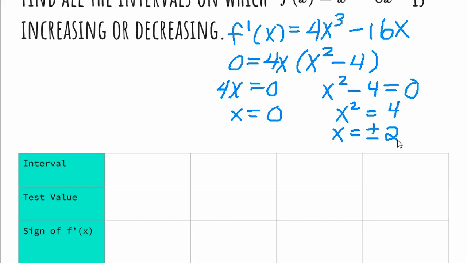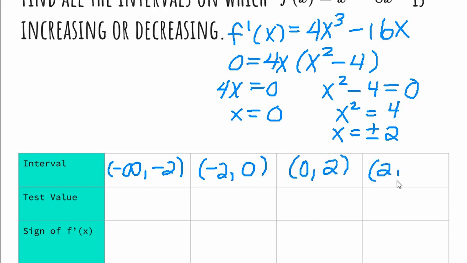So I go from negative infinity to negative 2, from negative 2 to 0, from 0 to 2, and from 2 to infinity. Notice all my intervals put together end up matching the domain of my function. And I do need to make sure I list my critical numbers from least to greatest.